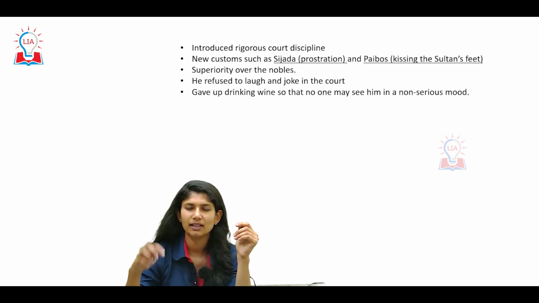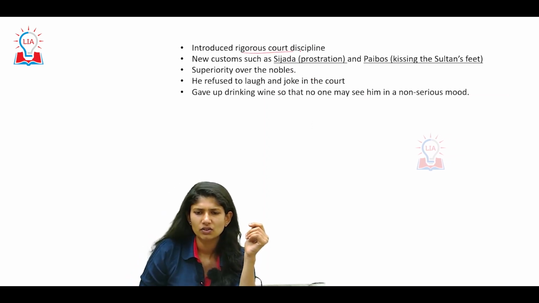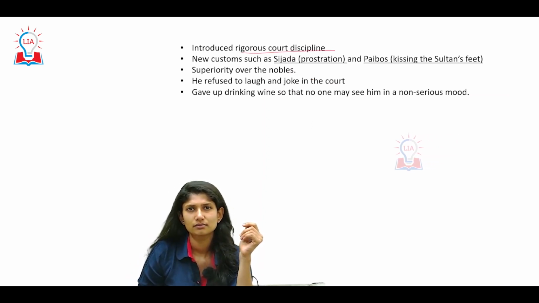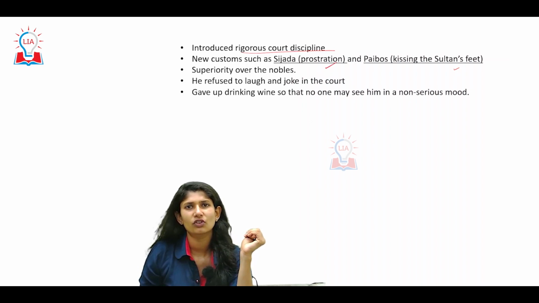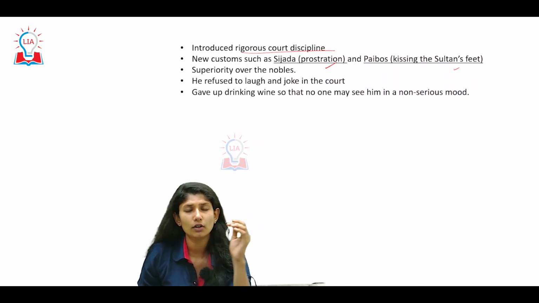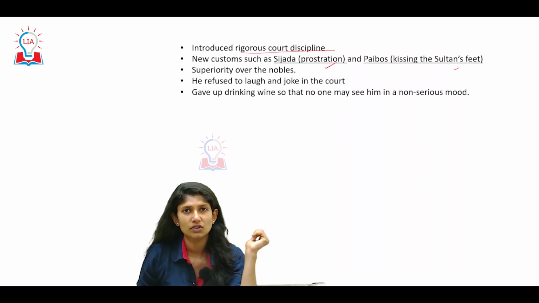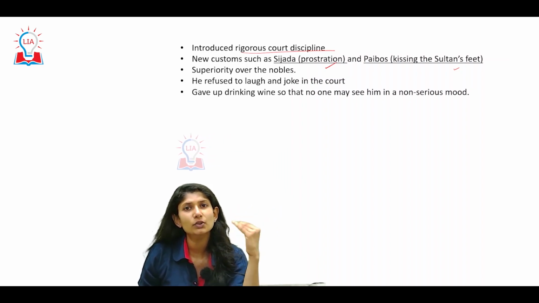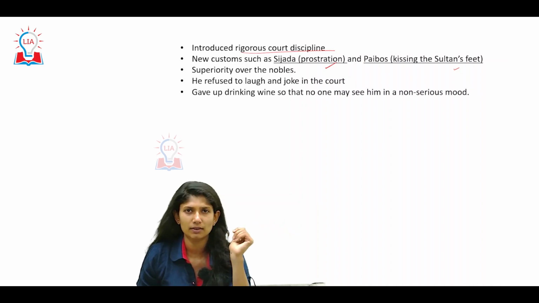Next, he introduced rigorous court discipline, and he also brought in new customs such as prostration and kissing the Sultan's feet. So he brought these in to show the supremacy of the Sultan, and he also tried to acquire legitimacy by saying the Sultan is equivalent to God or God's messenger. So somewhere he tried to increase the position of the Sultan.